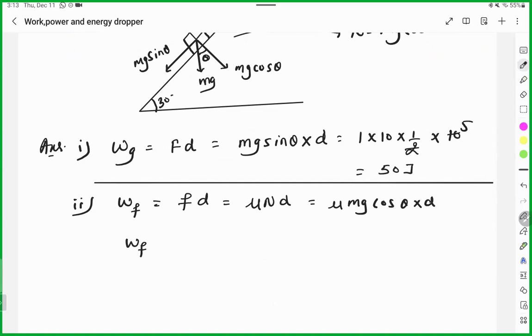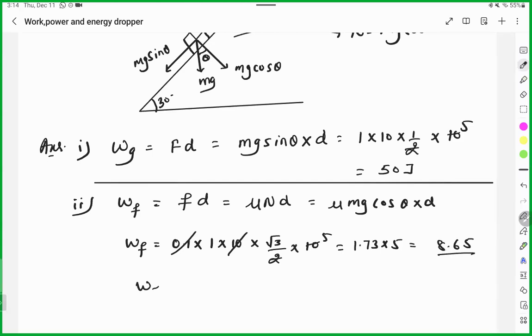Now you can write all the values. μ value 0.1, m 1, g 10, cos 30 value root 3 by 2, displacement 10. So 0.1 cancels with this 10, 5. So 1.73 multiplied by 5, which is 8.65. So work done by the friction is 8.65.